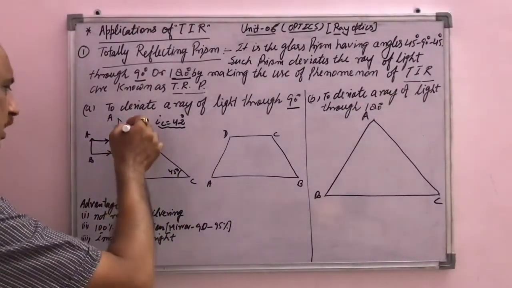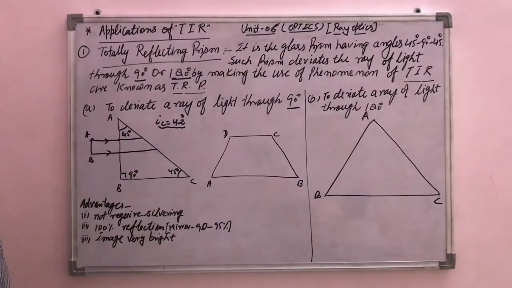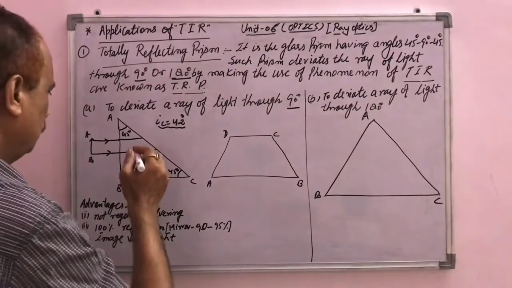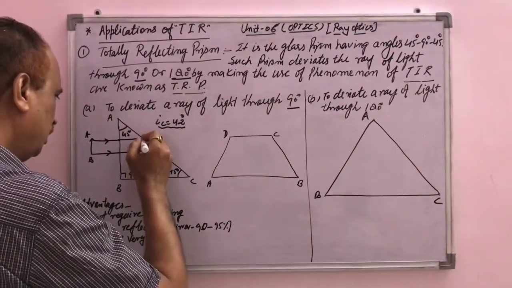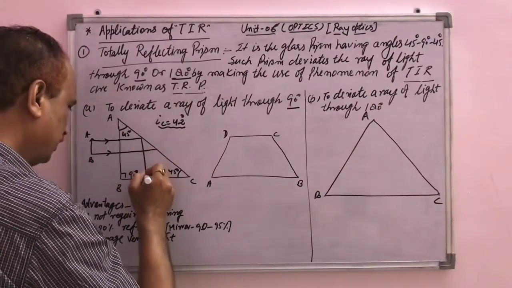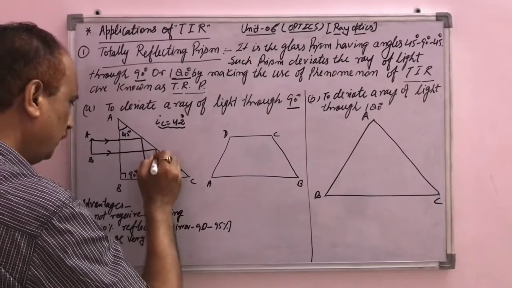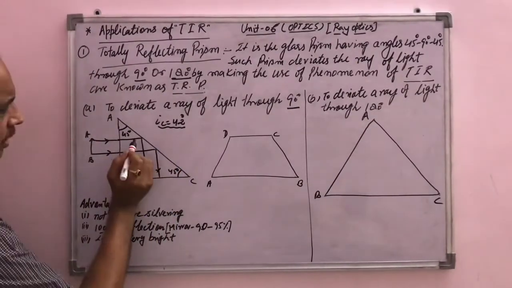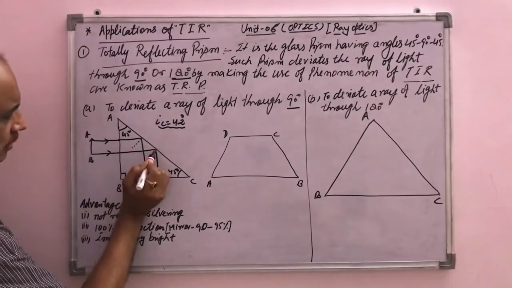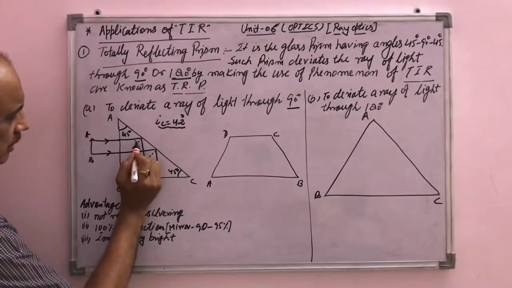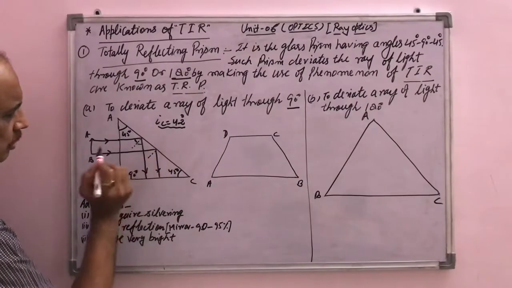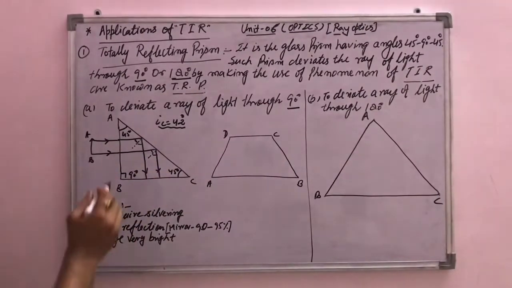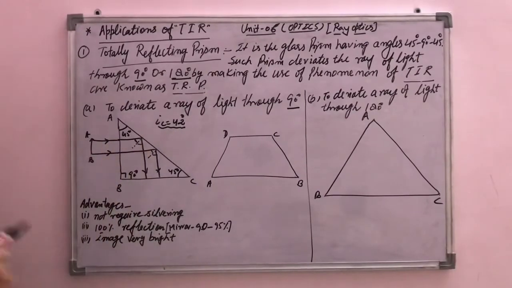Therefore, the ray is reflected back in the same medium, in the downward direction like this. If we draw the angle at that point, this angle is 45 and this is also 45, so the total angle will be equal to 90 degree.